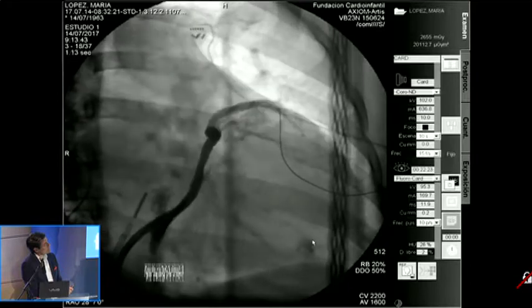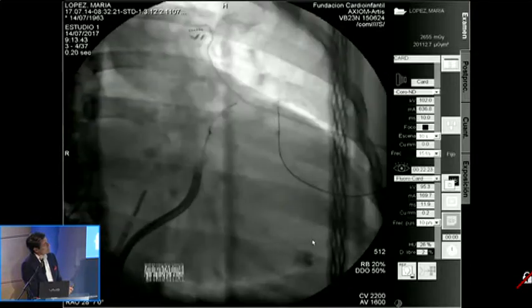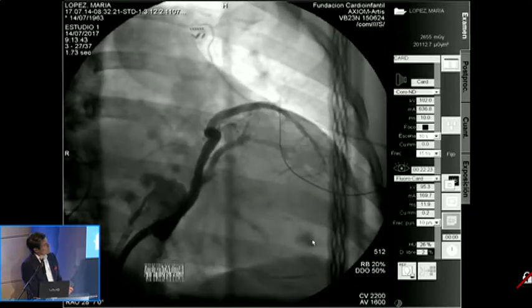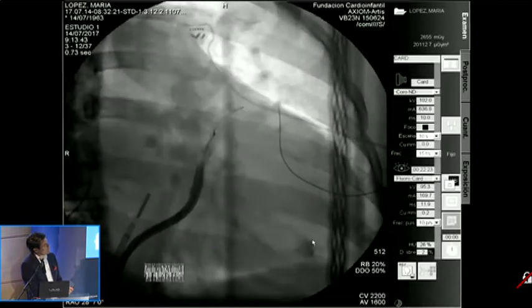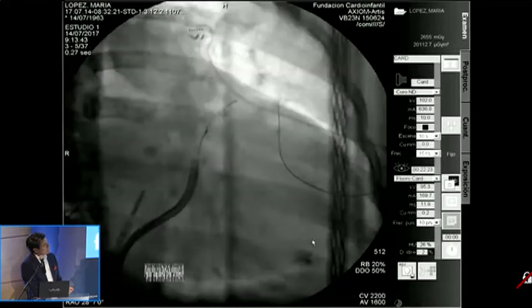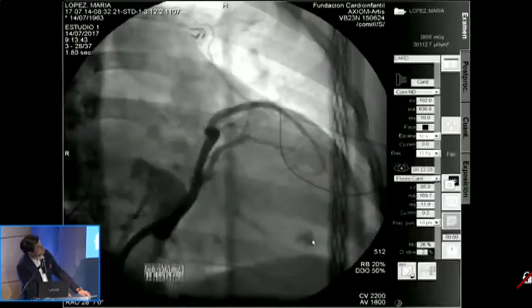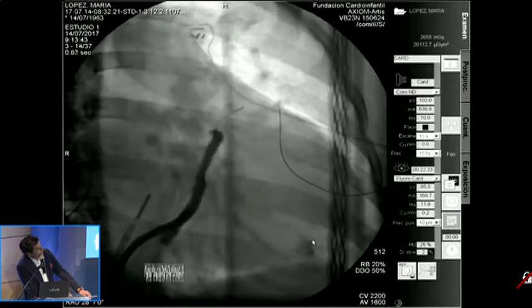There is a late extrasystole, and apparently with the R in V1, it seemed to be from the LV summit, so we did a venography of the coronary sinus, and then we inserted a multipolar catheter, 20 poles, in the distal coronary sinus and the anterior interventricular vein.